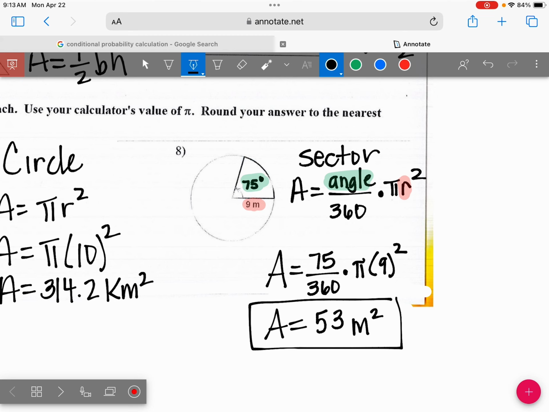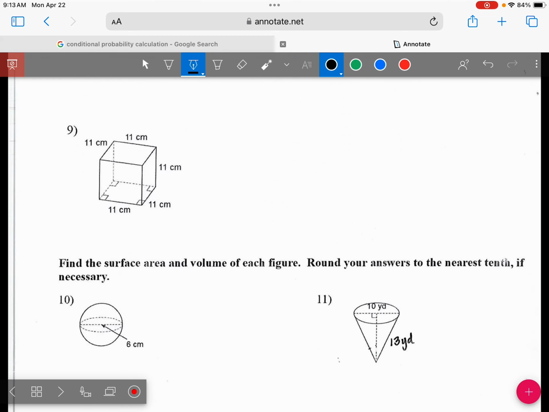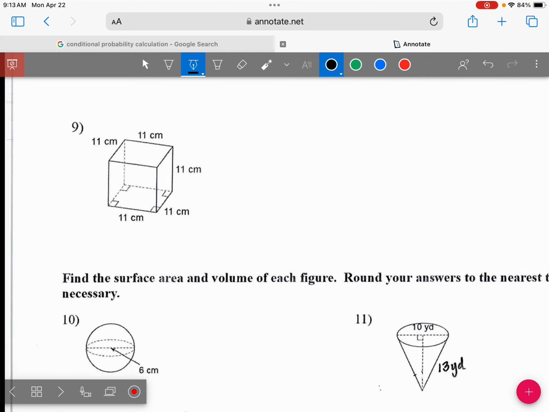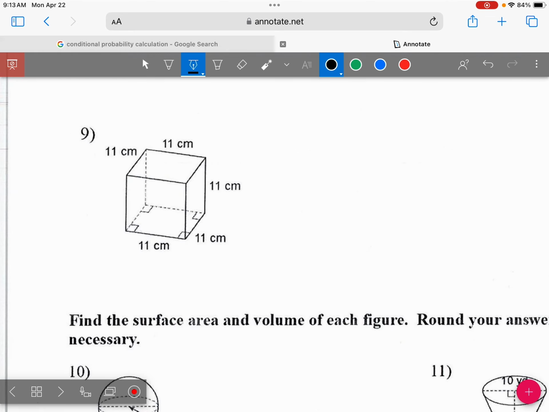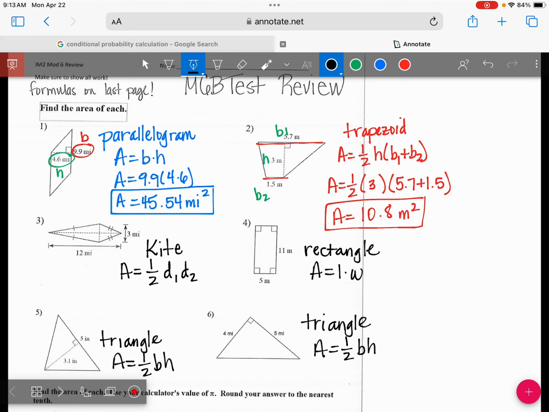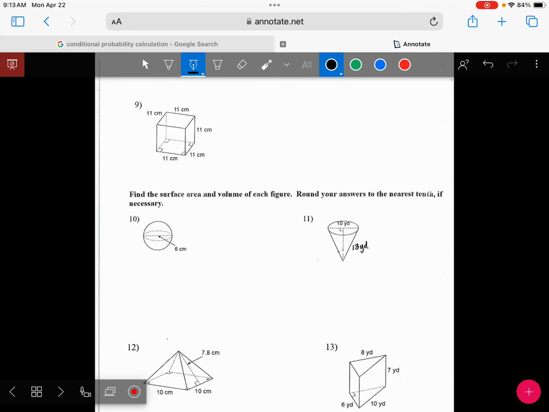All right, so now let's look at the second page and go through a few of these together. So this is a prism. This is actually a square prism. So we have to find, did it say find the area, I think? What does it ask us to do? The area, yeah.